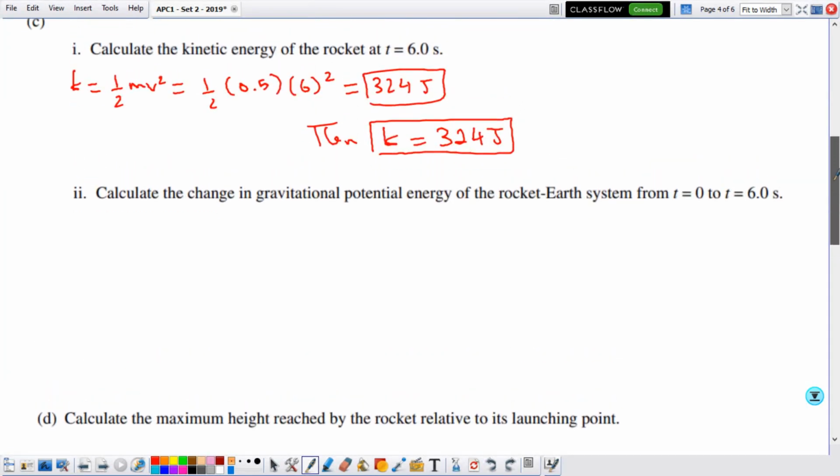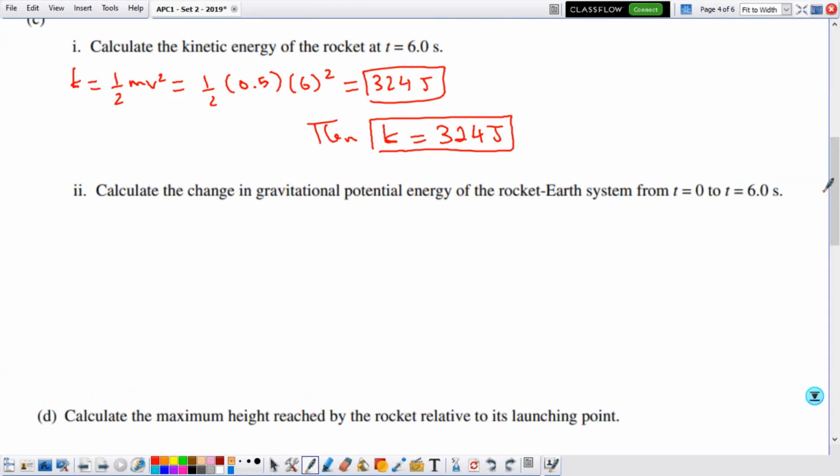Now in C idea 2, we need to calculate the change in the gravitational potential energy of the rocket Earth system from 0 to 6 seconds. So remember that the rocket is going upward, which means the work done by gravity is negative. However, the change in the gravitational potential energy is positive. Now the change in the gravitational potential energy is given by gravitational energy final minus gravitational energy initial. And here let me state the following.